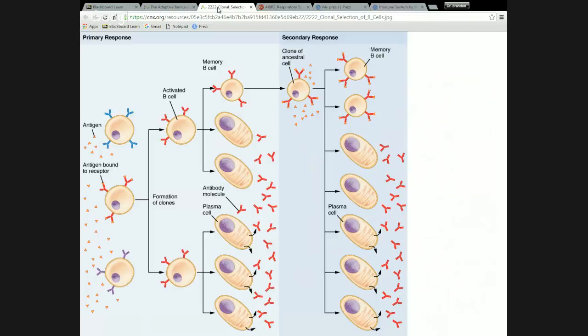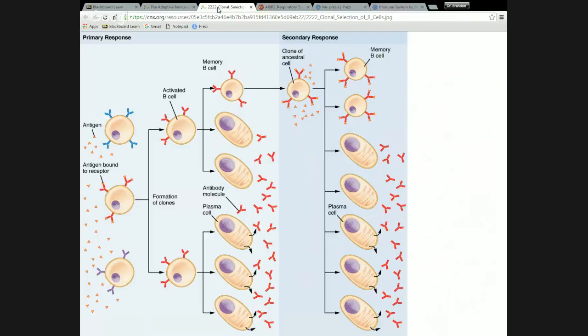And then for the secondary response, no activation is required. We have a cell that's already activated. It's the memory B cell. It gets exposed to the same antigen again sometime in the future, and it just goes ahead and makes copies of itself. Some memory cells and plasma cells.